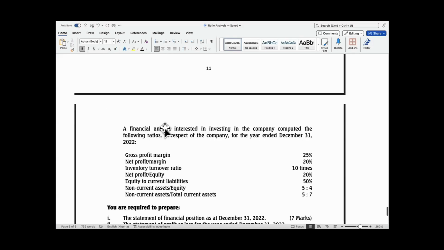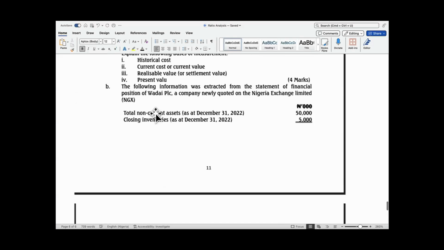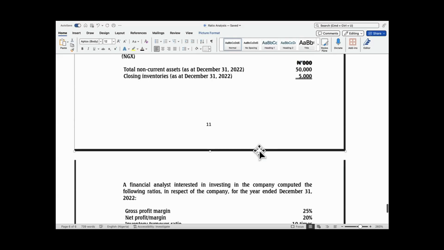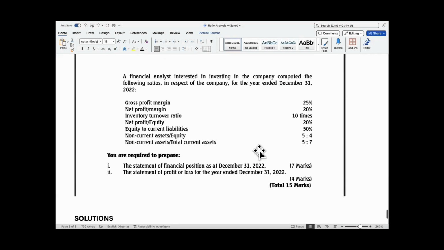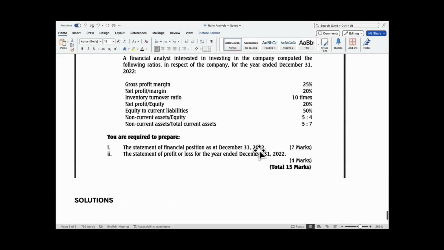Now, they gave me two items here: non-current assets of 50,000 and closing inventory of 5,000.